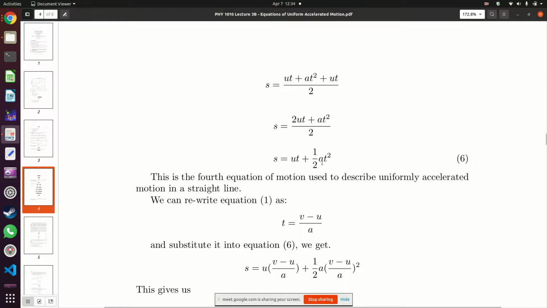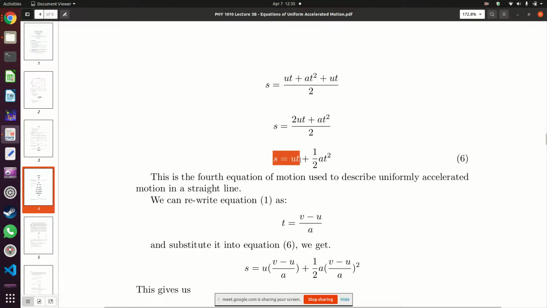Again, if there is no change in velocity, then the acceleration is going to be equal to 0. When acceleration becomes equal to 0, this whole bit becomes equal to 0, because you're going to have half times 0 times t squared. So the only thing you're going to be left with is this.